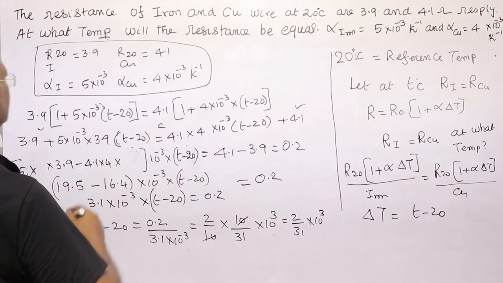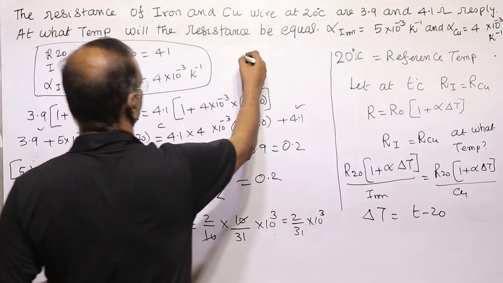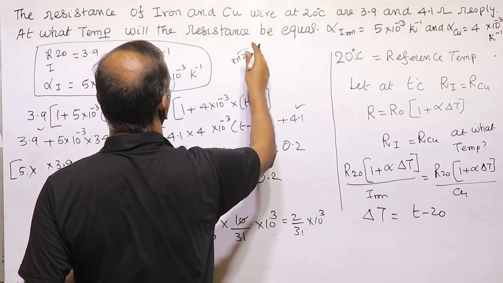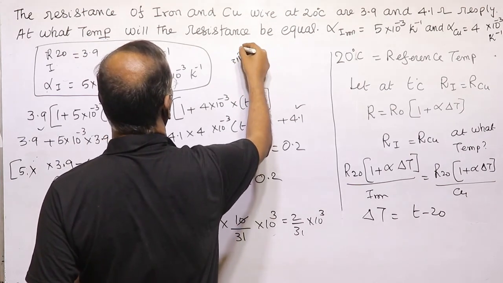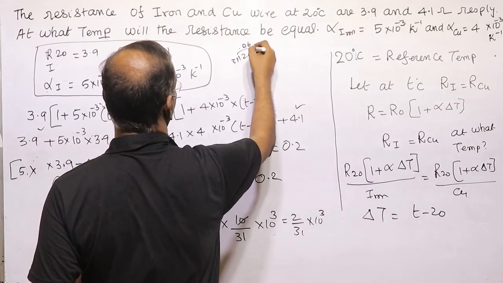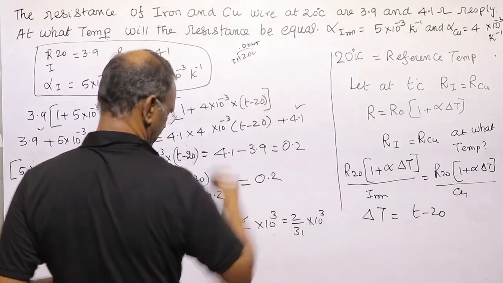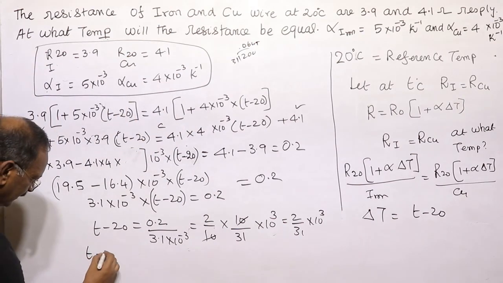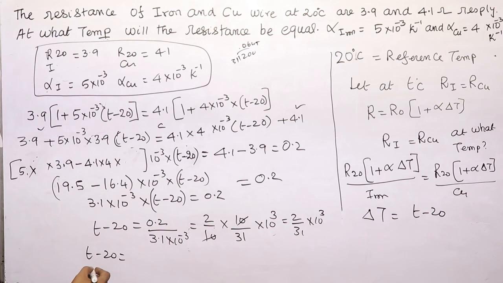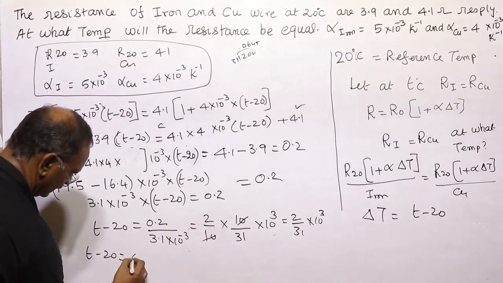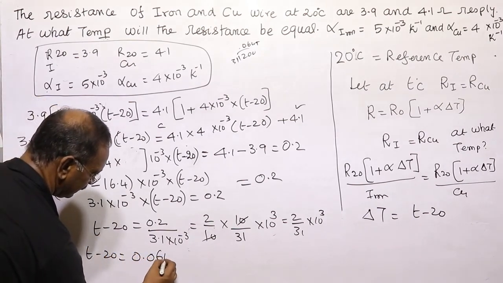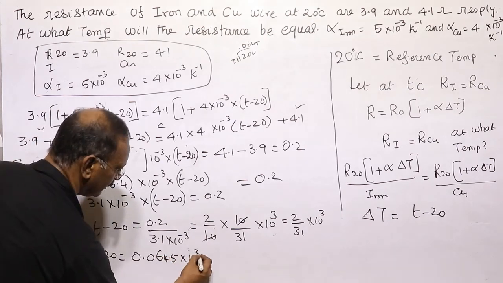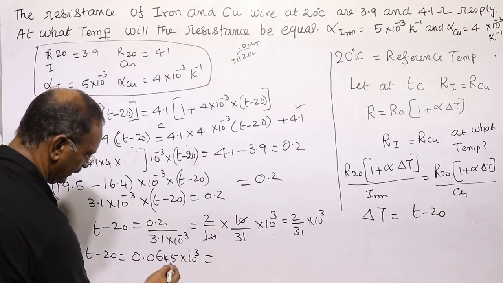What is the value of 2 by 31? 2 by 31 is equal to 0.0645. Therefore T minus 20 is equal to 0.0645 into 10 to the power 3.